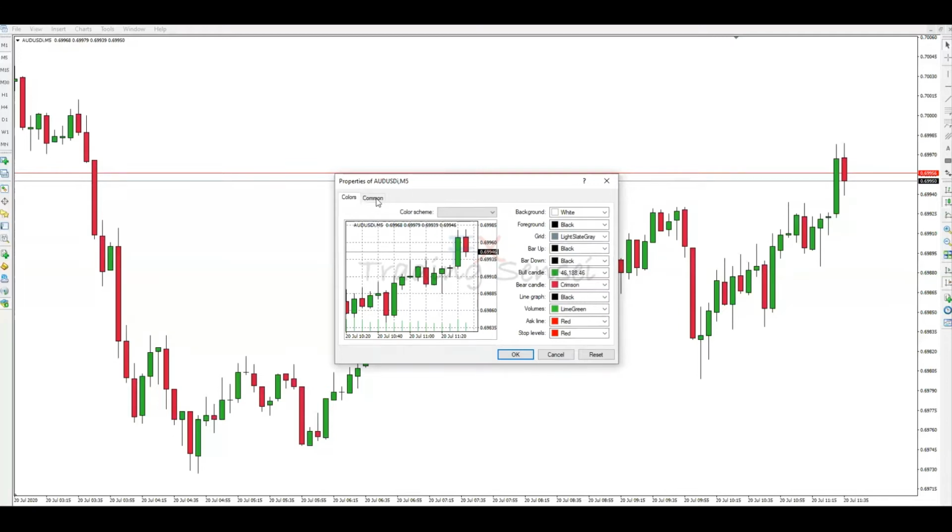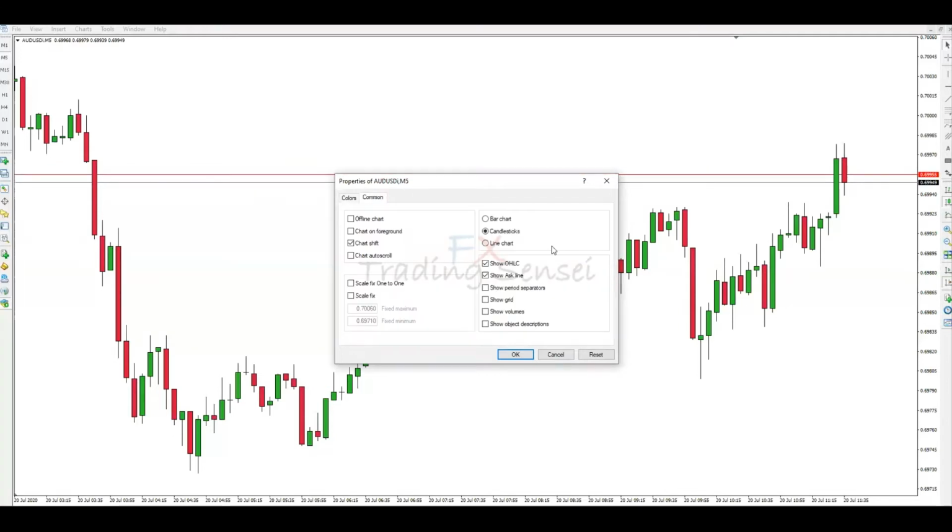It's also suggested you go to the Common tab, and you can select if you would like to use a line chart or a bar chart, but we use candlesticks. And you can also select to show the ask line, which is the red line you're seeing here. And then you can also uncheck the grid if you don't want the grid. So this gives you several different options.